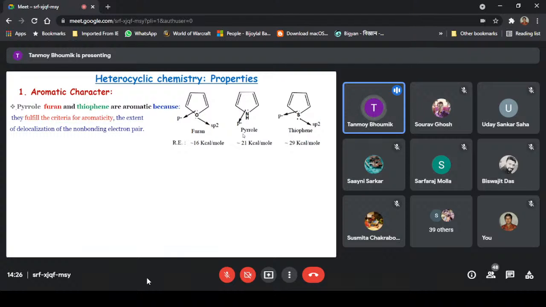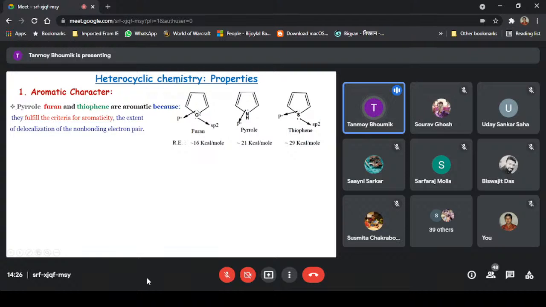Whenever you compare the 5-member heterocyclic compounds, which are furan, pyrrole and thiophene, these are the three important 5-member heterocyclic compounds. If we consider their aromatic character, pyrrole, furan and thiophene are all aromatic.